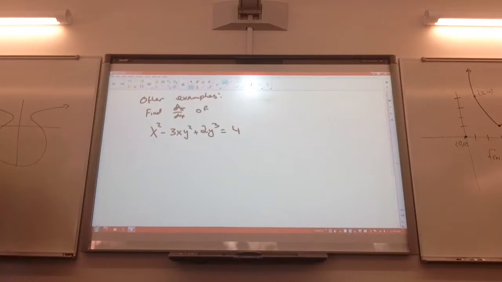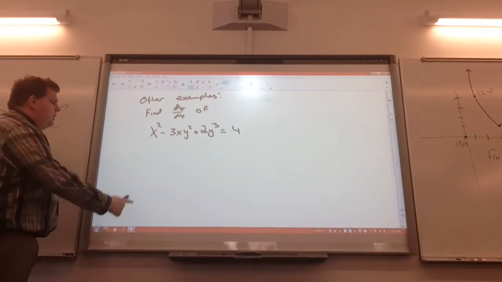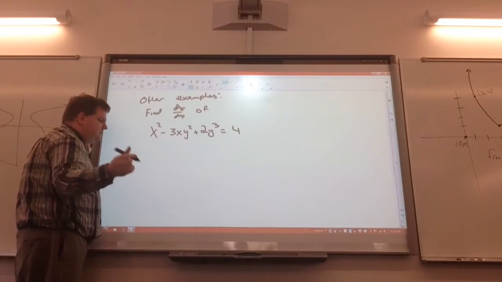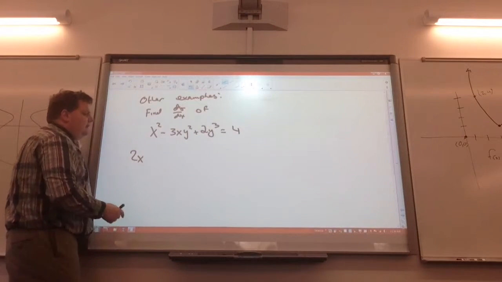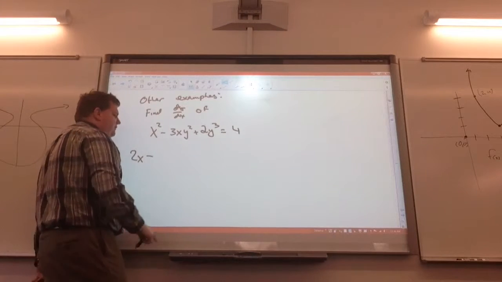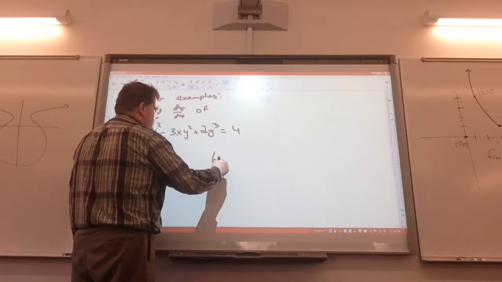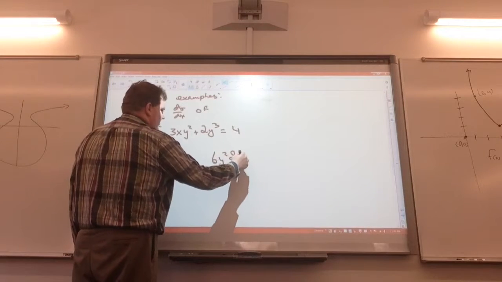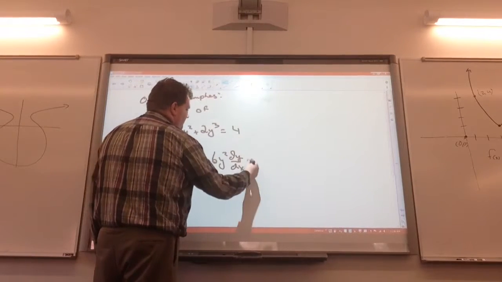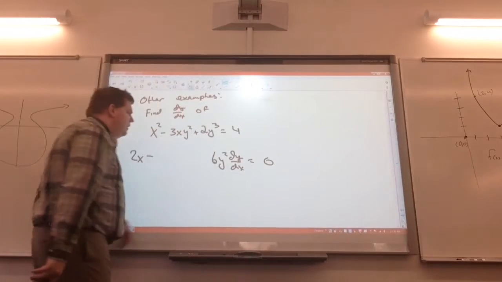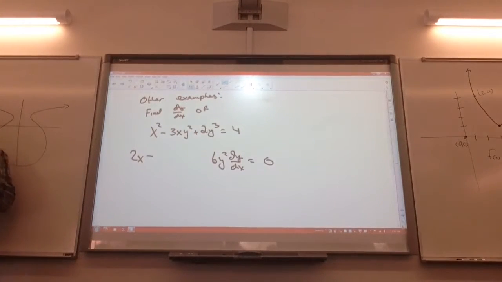If we start the usual way, what's the derivative of x squared? 2x. Minus, we'll hold off on that for a second. What's the derivative of 2y cubed? 6y squared dy by dx. And the derivative of 4 is 0.